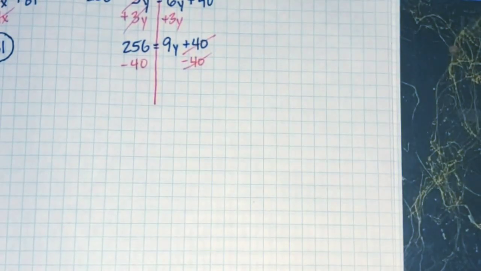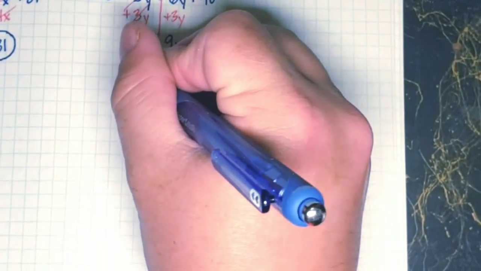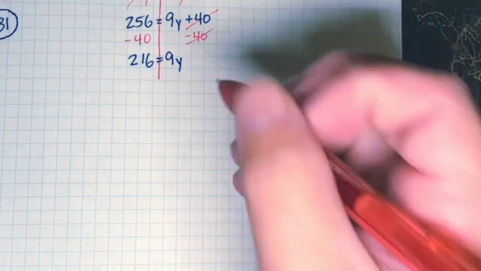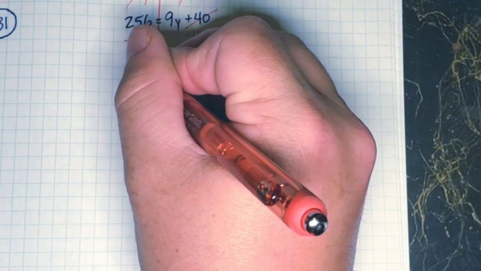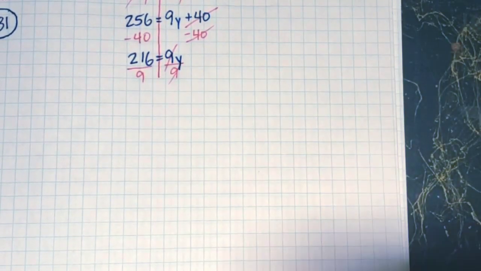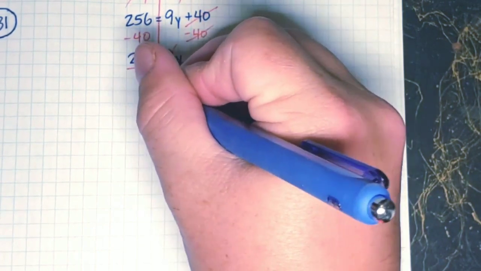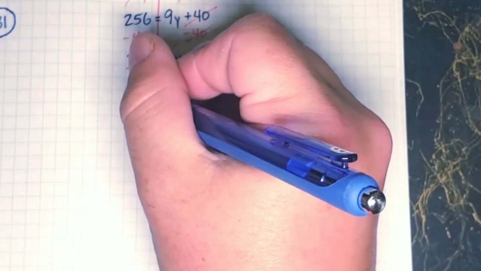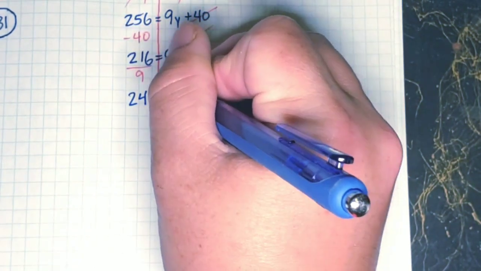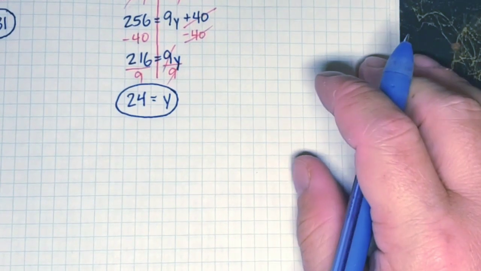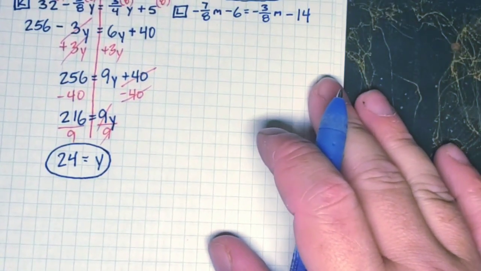That leaves me with 216 equals 9y. Then we're going to divide both sides by 9. We get a lot of these in this problem. That gives me y equals 216 divided by 9, which is 24. So that's a nice tricky way to get rid of the fractions and get the same answer.